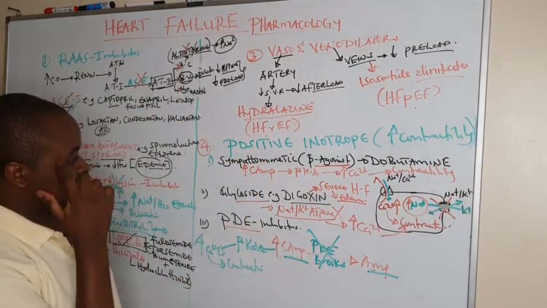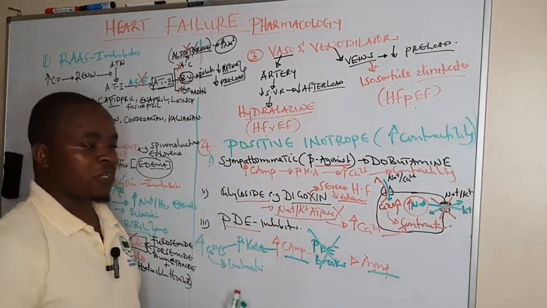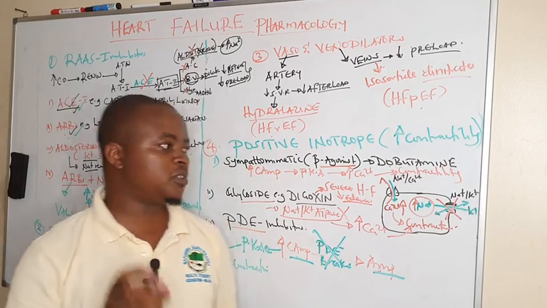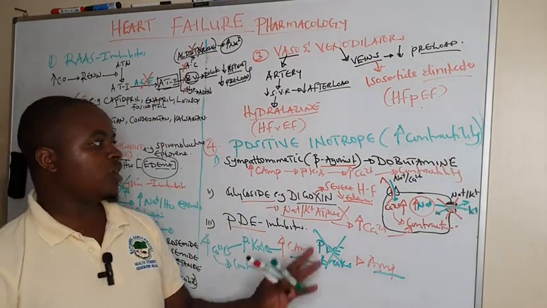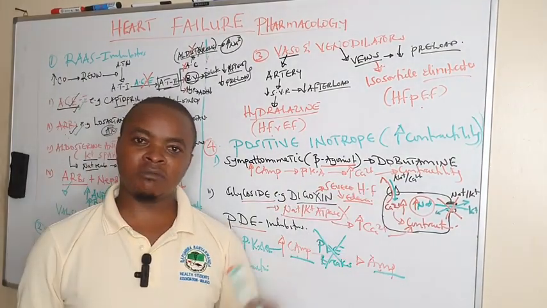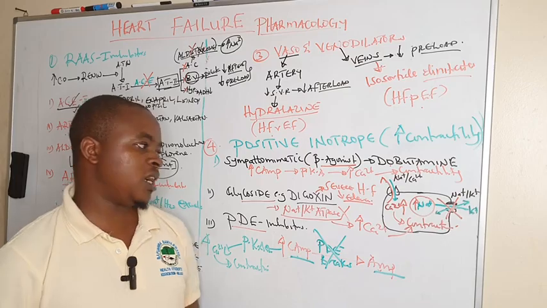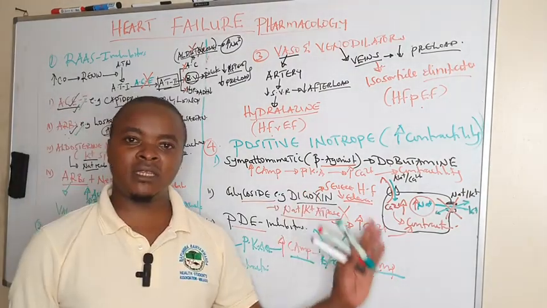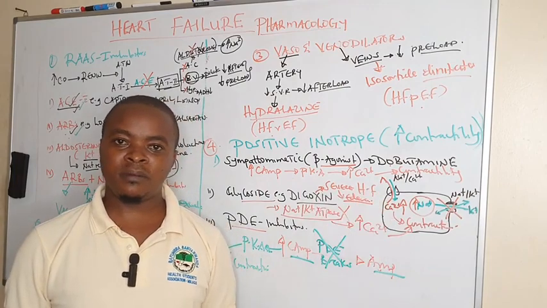So they are best indicated in patients with heart failure with reduced ejection fraction, though we have seen drugs like dobutamine can cause increased mortality in patients. And we have said digoxin is only and only used in severe heart failure.